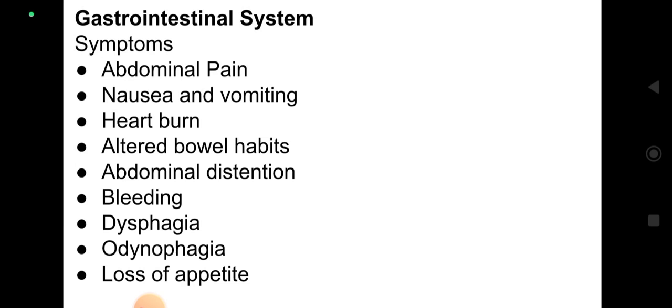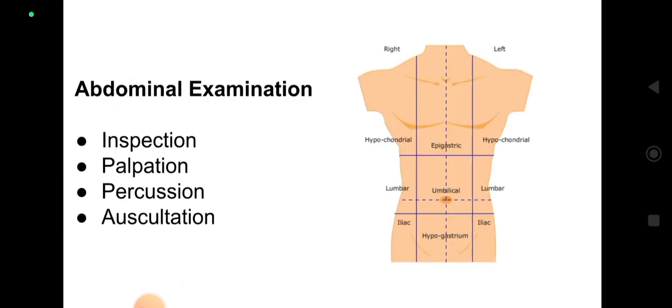Dysphagia is difficulty in swallowing, which may occur due to problem in oropharynx or in esophagus, while odynophagia is painful swallowing that may limit oral intake. Abdomen examination should be performed in a systematic manner, and this includes inspection, palpation, percussion, and auscultation.